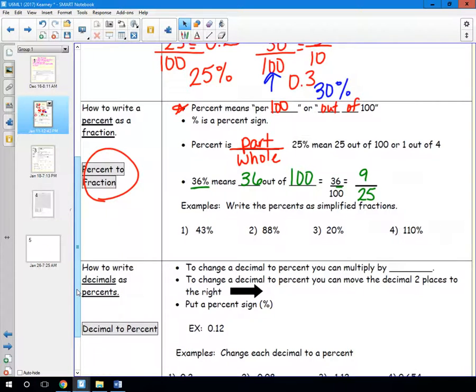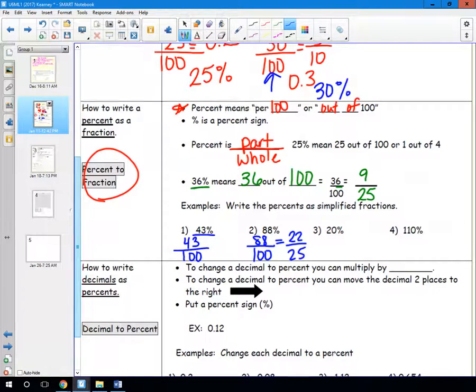So when you have 43% here, you have 43 per 100, so 43 out of 100. Just write it as a fraction over 100 and then simplify. And that one we can't simplify. Let's go to the next one. 88% means 88 out of 100, and if I simplify that down, it would simplify to 22 out of 25.